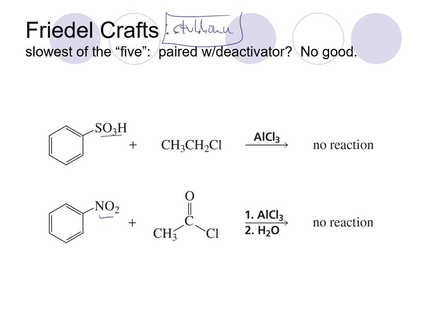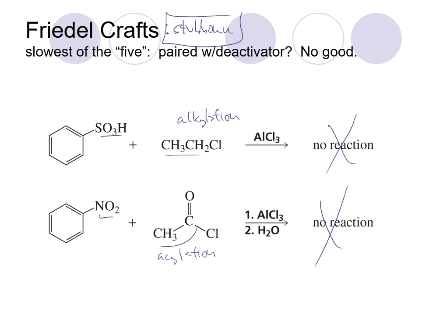And if I try the Friedel-Crafts alkylation, which is adding an alkyl group, or Friedel-Crafts acylation, which is adding the C double bond O group, with those proper catalysts, reactions are not going to take place. It's not going to work. And that's simply because of the stubbornness of Friedel-Crafts. They're very hard to get to go.